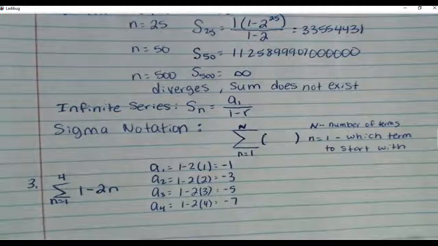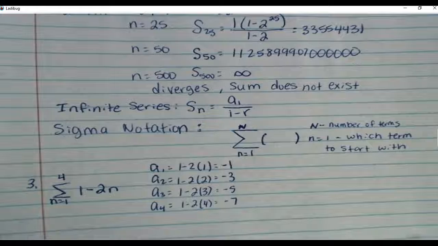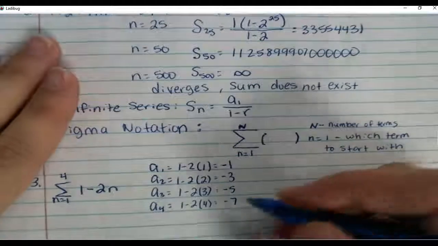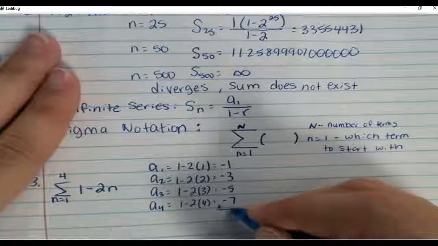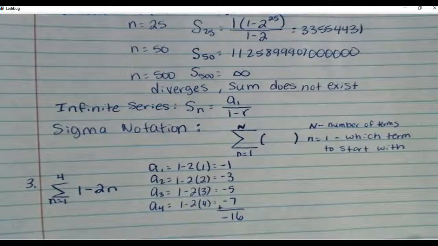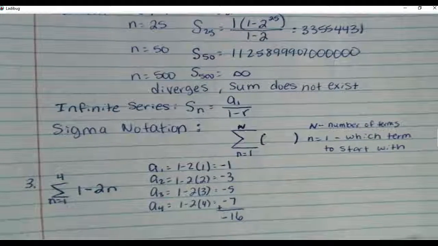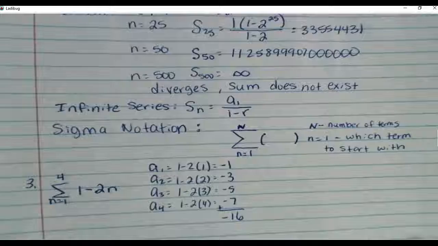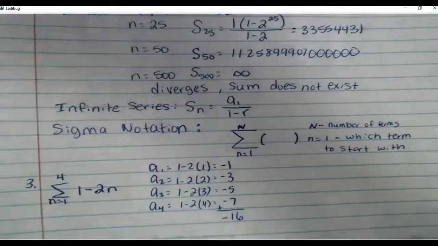Good. So if I want to find the sum of these, what should I do? Add them all up. So then we get that the sum is -16. Questions?